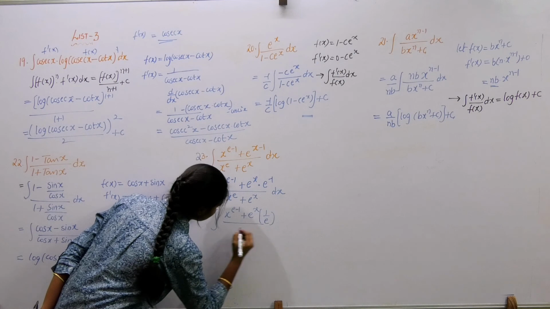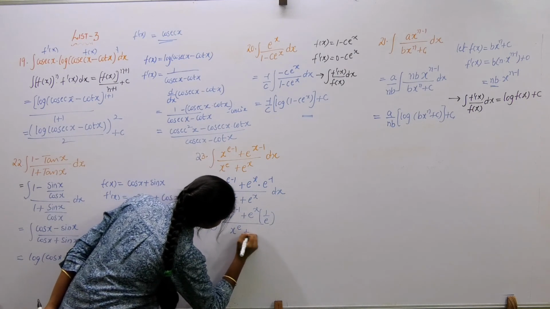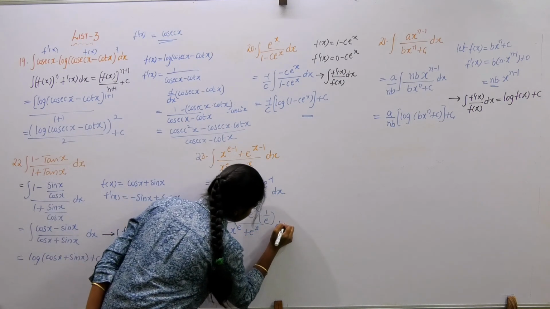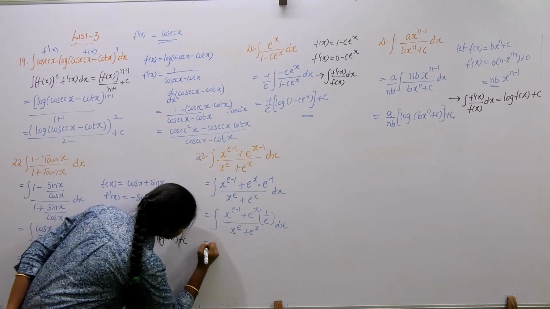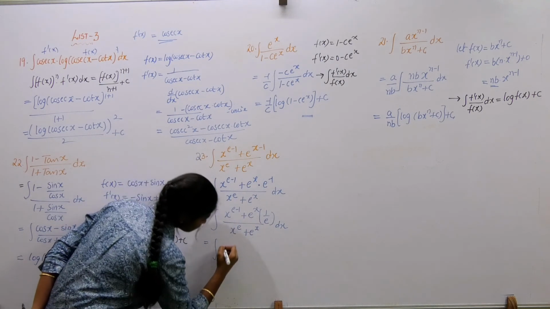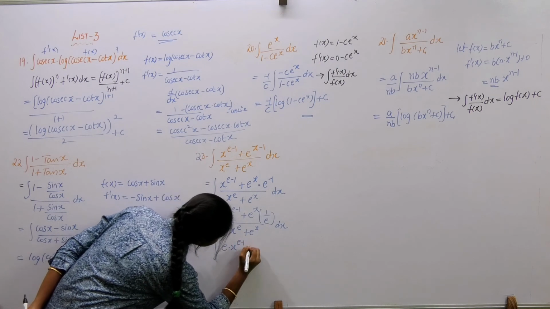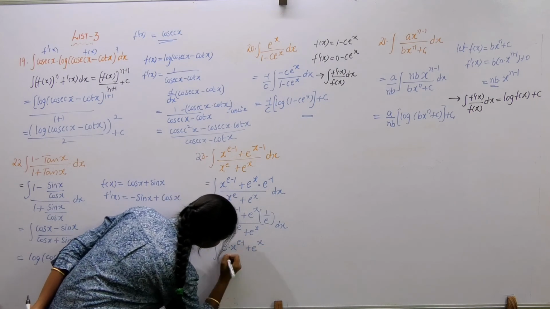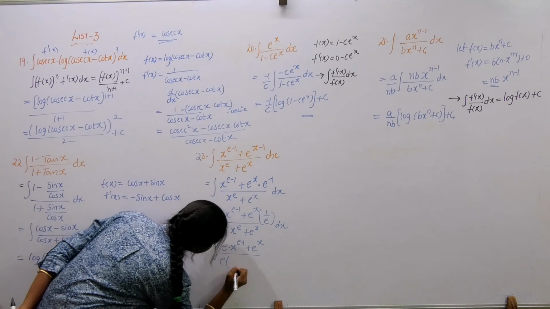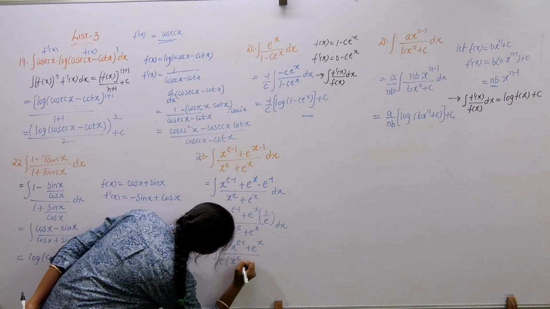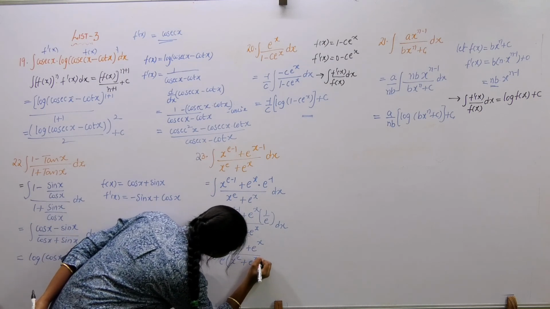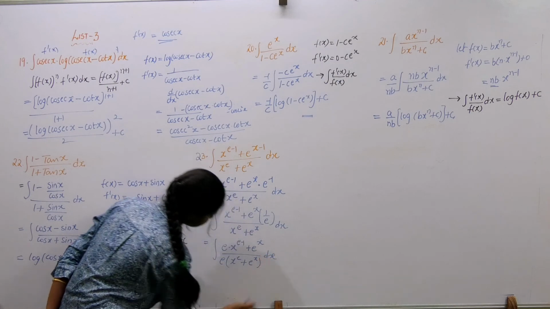Now, in the denominator we have x power e plus e power x dx. In the numerator, on simplification we get e into x power e minus 1 plus e power x whole, divided by e into x power e plus e power x dx.